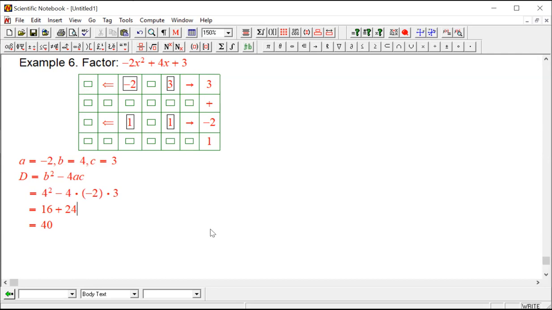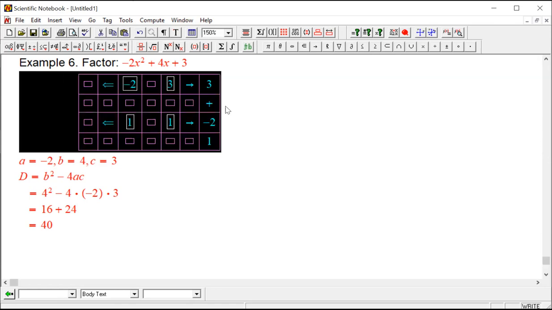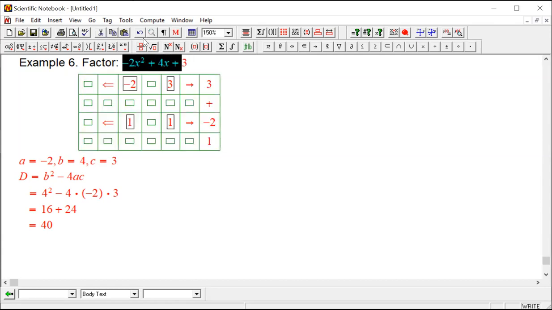This tells us the factors are going to be pretty difficult to find, or we cannot find the factors using this simple method. Just forget it, okay? And you'll find out soon why. So at this point, I try it, it doesn't work, and I'm going to quit using that method.